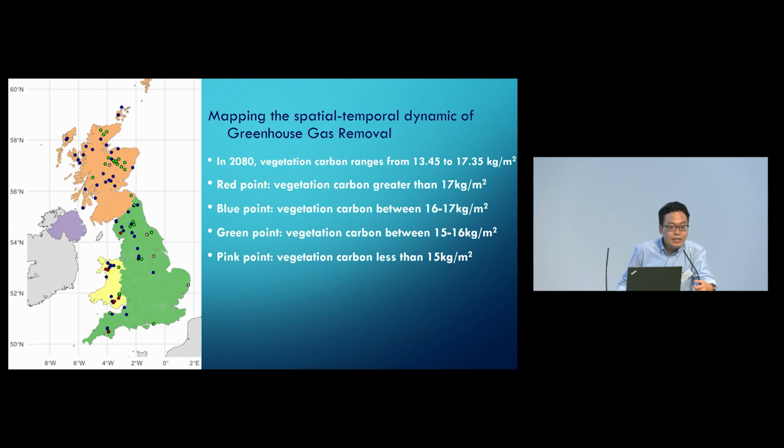But you can see that in North Scotland, there are also some points marked as blue. So how to identify the factors like rainfall and temperature we mentioned before is the task we are continuing working on.